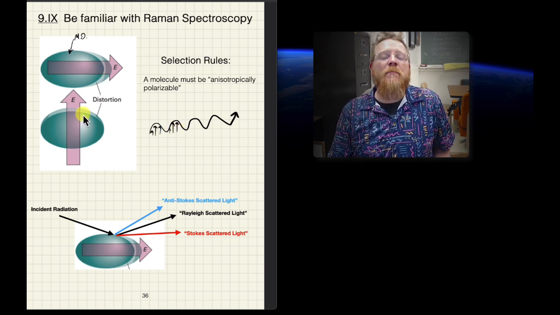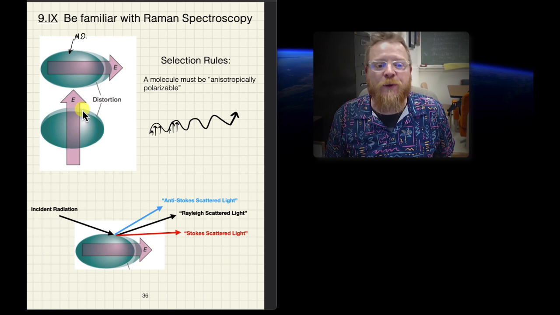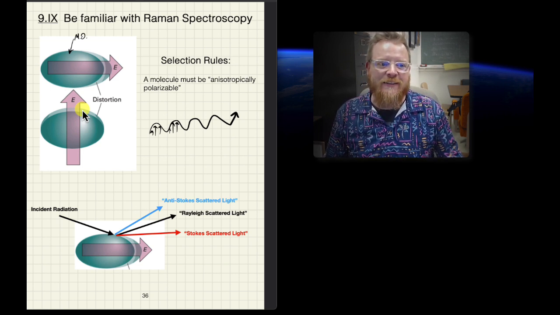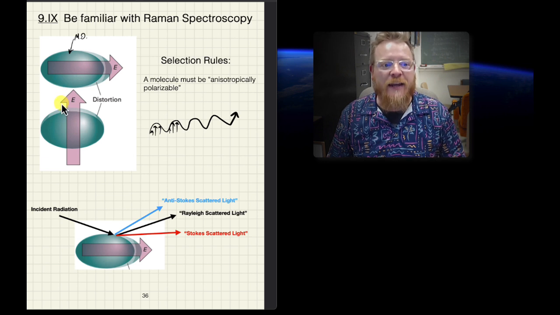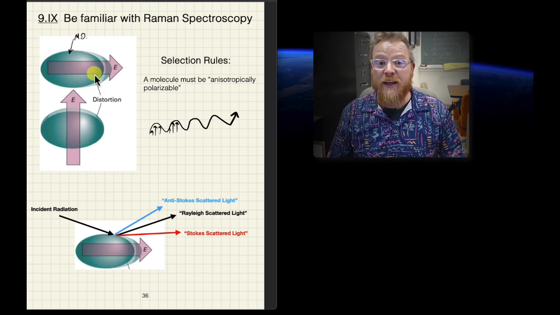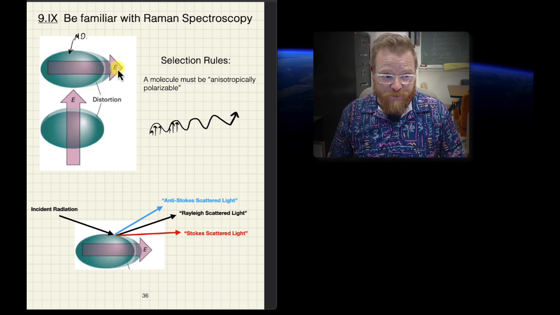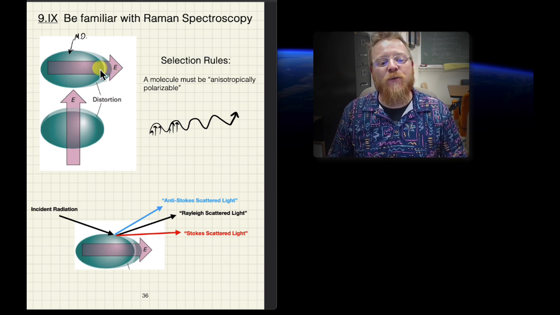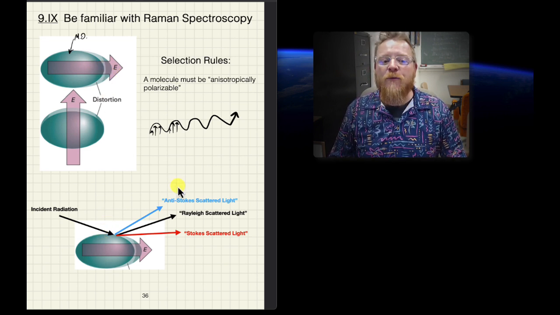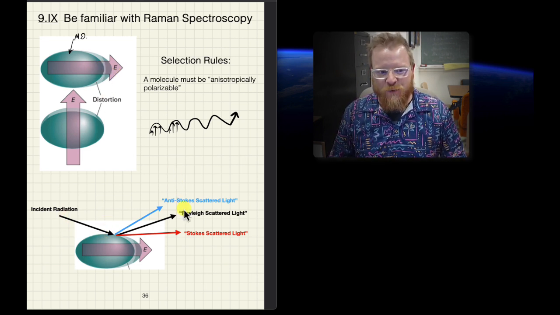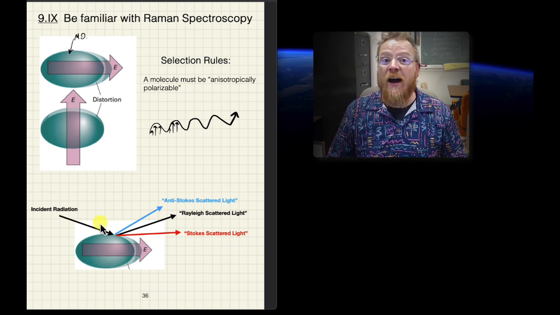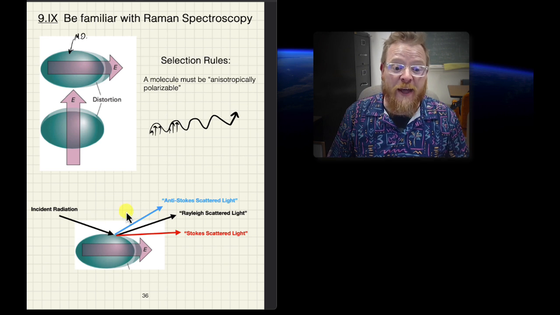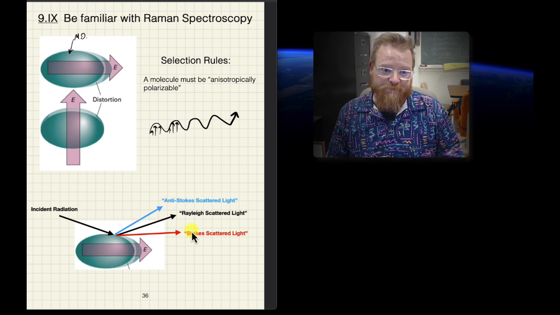So if we bathe a molecule in a high intensity electric field, or a high intensity amount of light, we can distort its molecular orbitals. And when that incident radiation scatters off of the molecule in a grazing angle type of way, we see different wavelengths being affected differently.